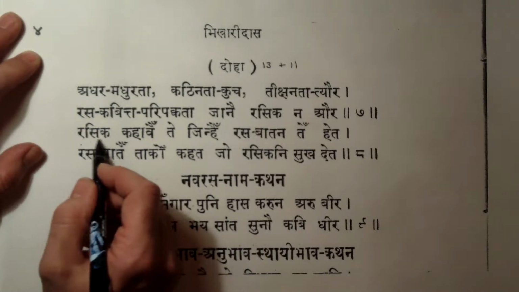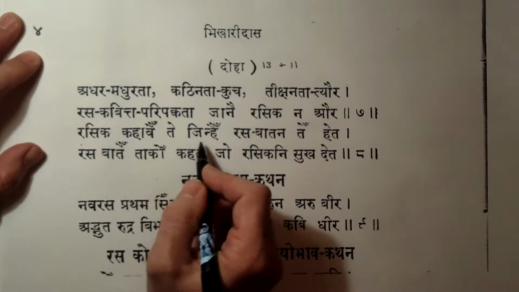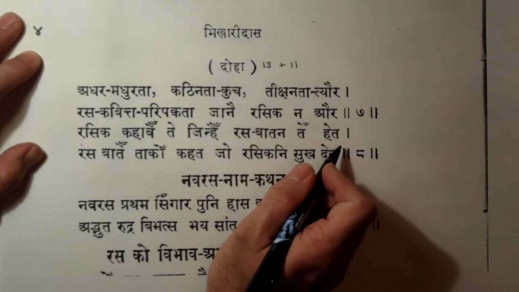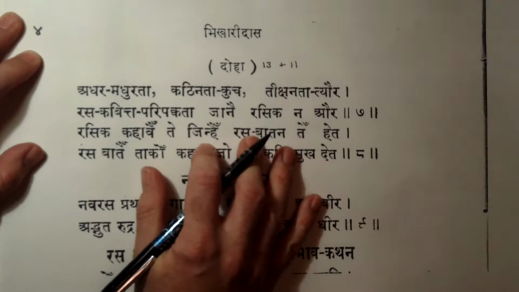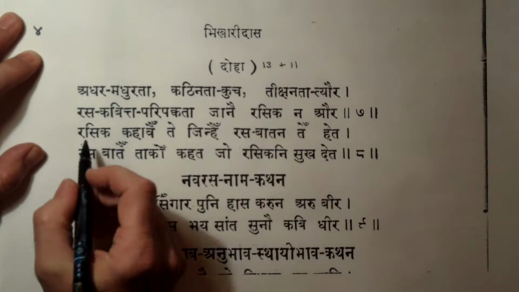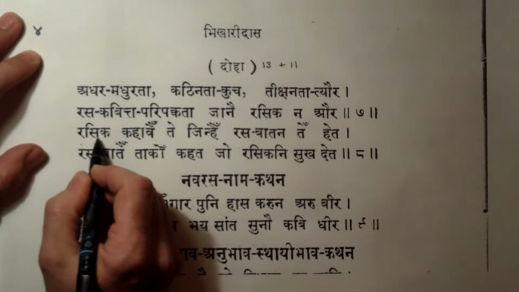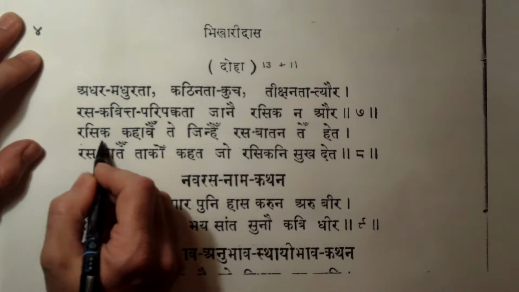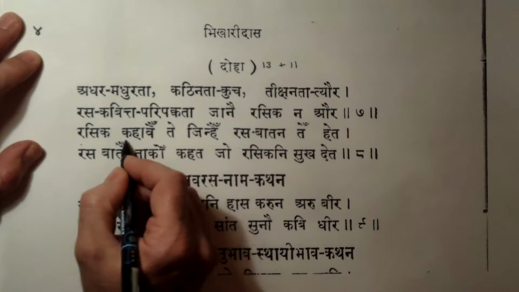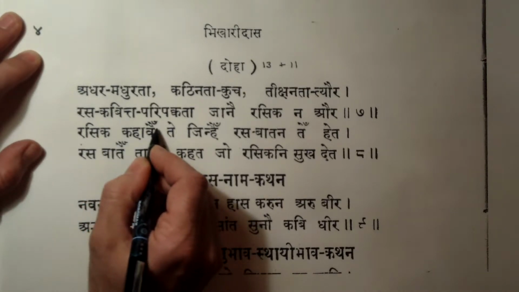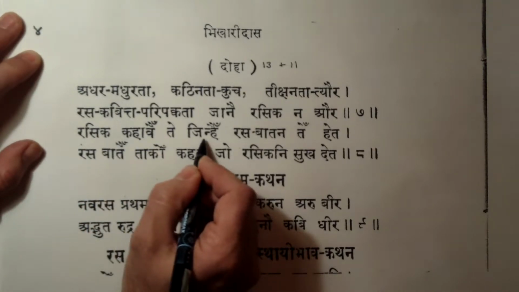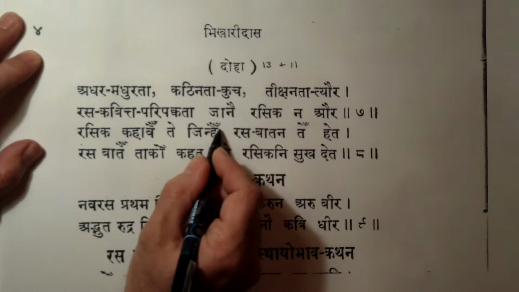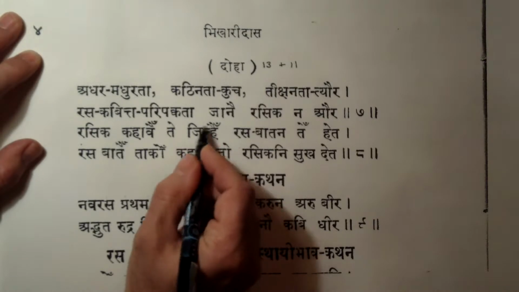It begins, Rasika kahave te jinhe, rasa batana te heta. Okay, so let's break this down into smaller pieces. If we start counting off, rasika, 1, 1, 1, so 1, 2, 3 matras, 4, 5, 6, 7, 8, 9, 10, 11, 12, because we have a conjunct here, 13, 14 actually, because we have a long a.